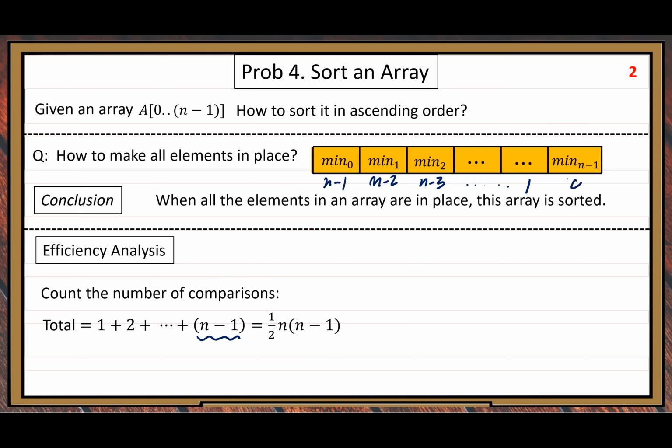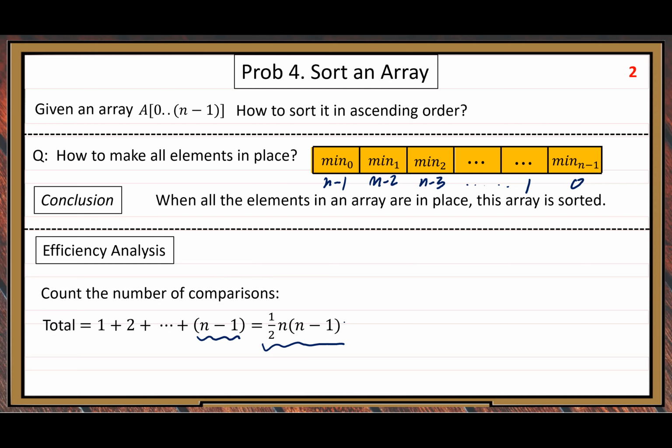The last one, 0 comparisons. Now you add up all these numbers, you get 1/2 times n times (n minus 1). That's the final answer, this many comparisons.